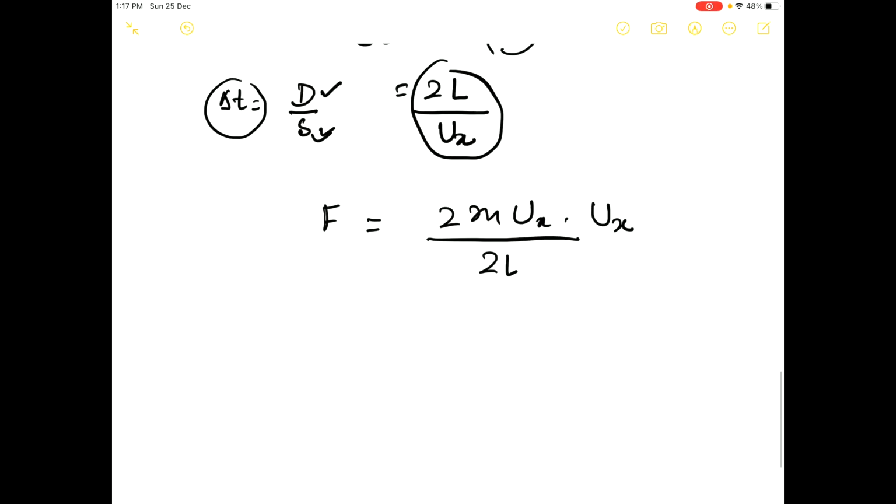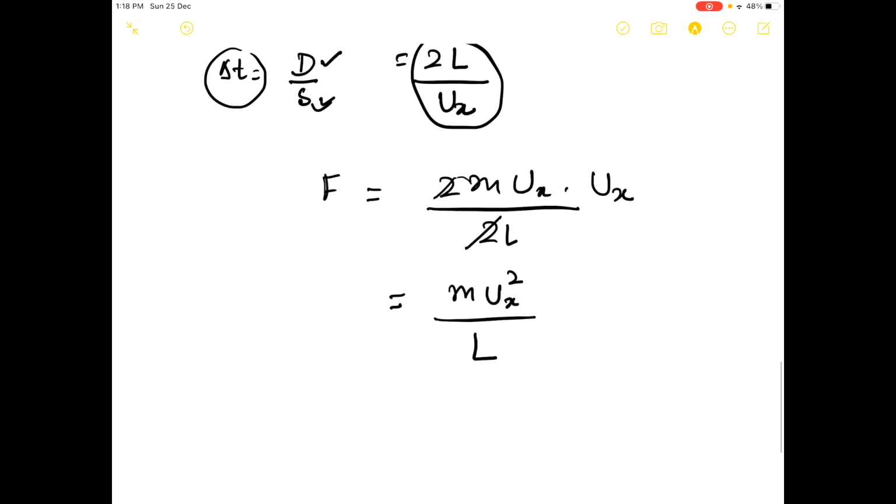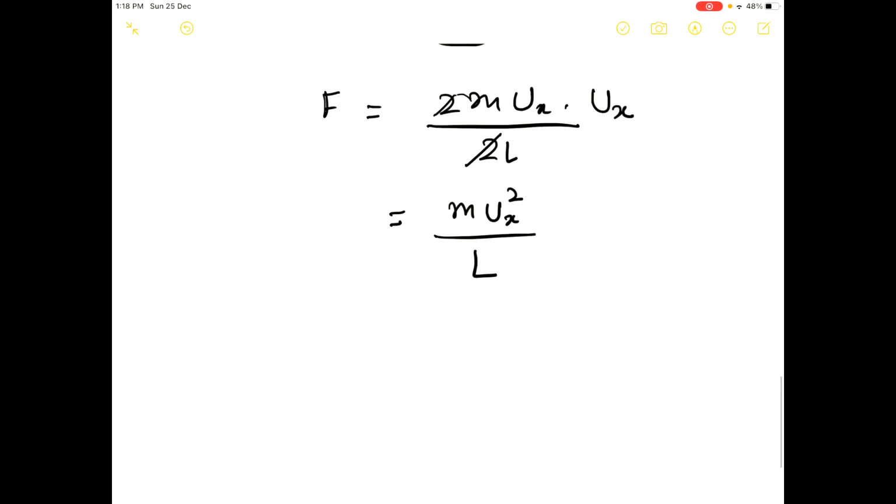The 2 cancels out with 2, and this becomes mux square divided by L. So this is the force.